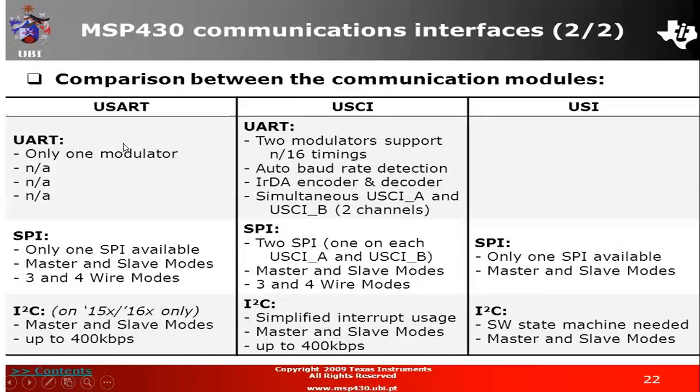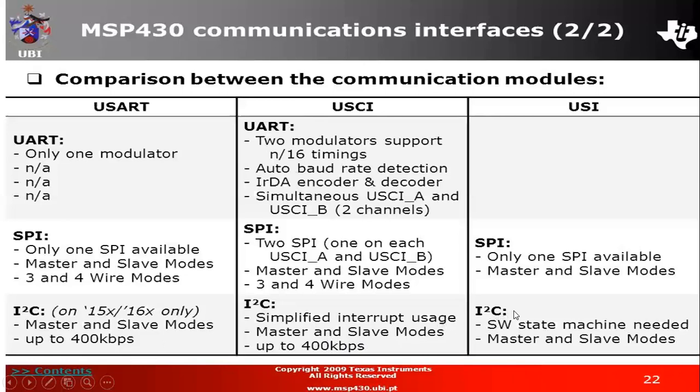Coming to the USART, it has one I squared C with master and slave operation, where data is transmitted up to 400 kilobits per second. Similarly, USCI has one I squared C, which has simplified interrupt usage, and it is also master and slave operation, up to 400 kilobits per second.